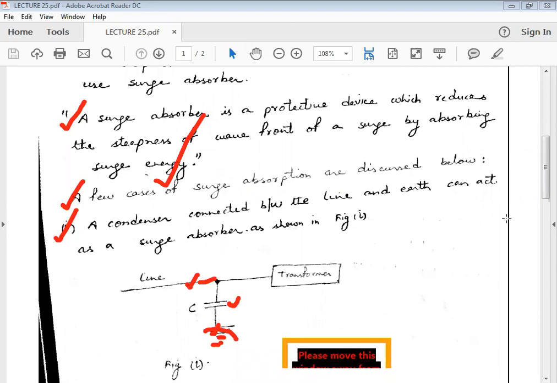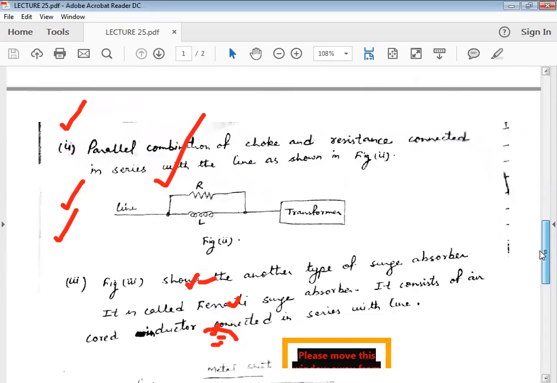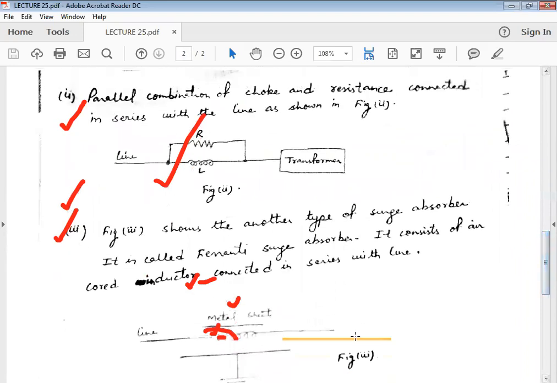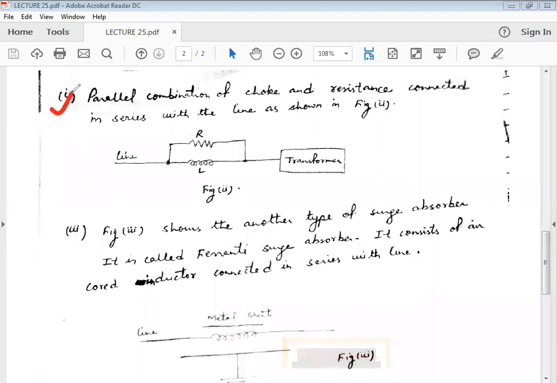There are many other techniques also. The second is a parallel combination of resistance and inductance. You know that the property of an inductor is that it opposes the rate of change of flow of current.